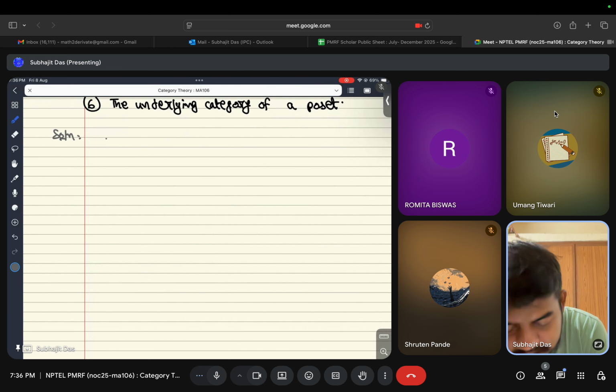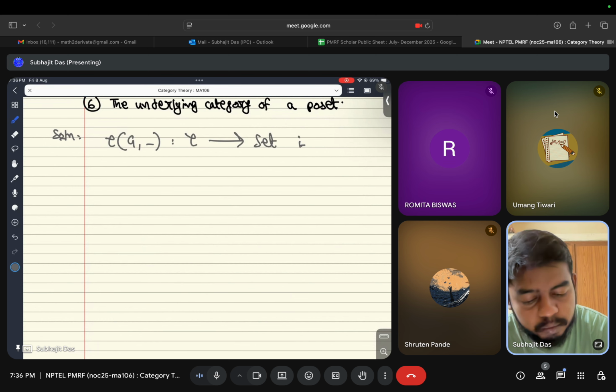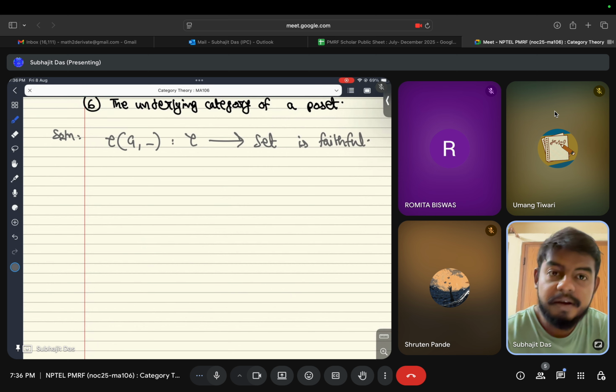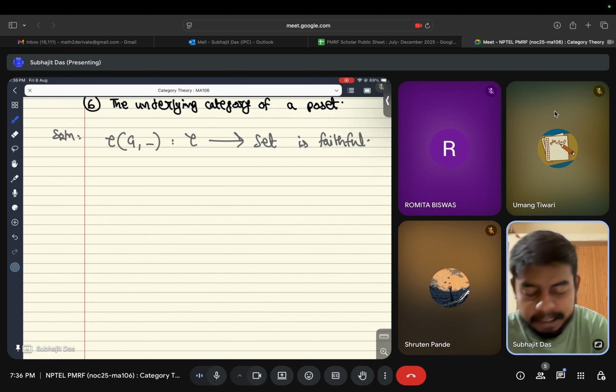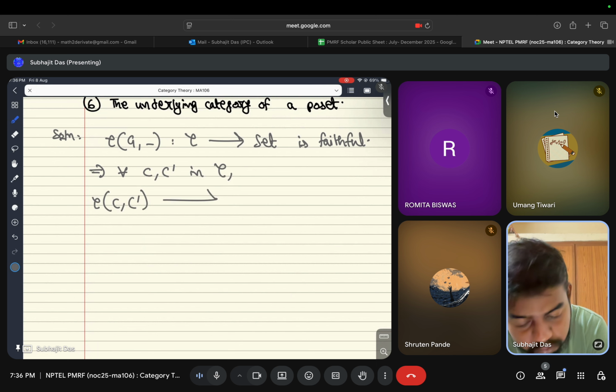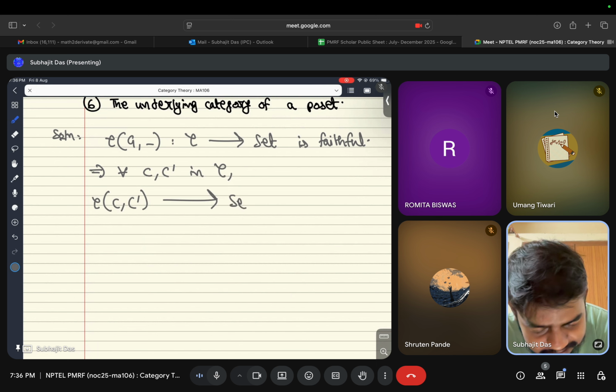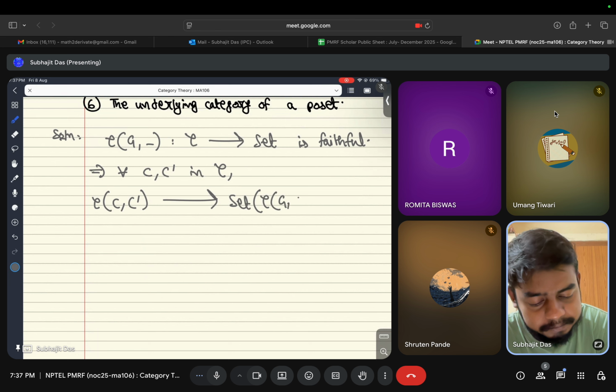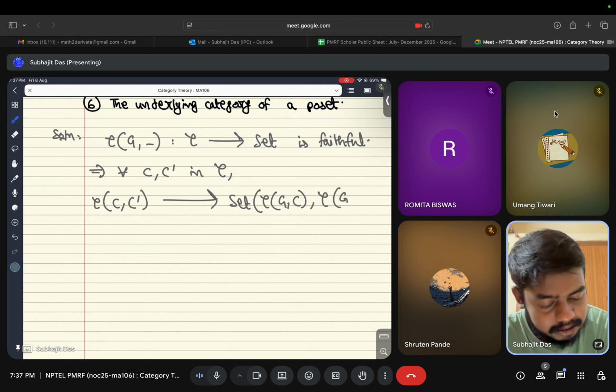So C(G, -) from C to Set is faithful. What does that mean? It means, by definition of a functor being faithful, that for all objects C, C' in C, the associated map from C(C, C') to Set(C(G, C), C(G, C')).